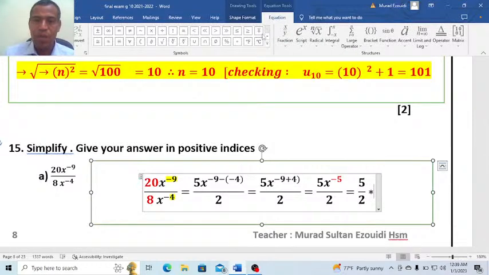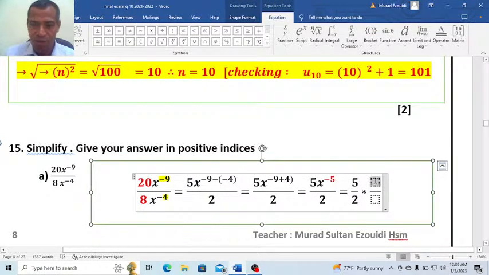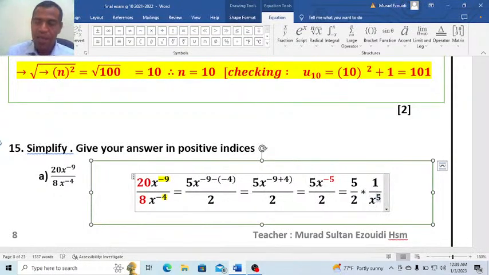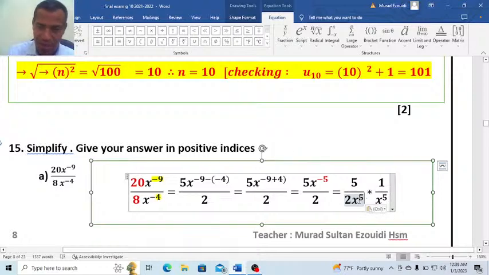Therefore, I have written my answer in positive indices: 5 times 1 is 5, over x to the power 5. Because 1 times 5 is 5, this is the last answer.